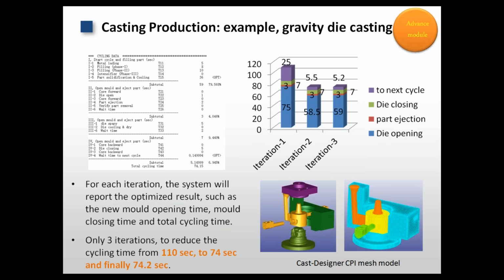Okay, so this is another case. We just make 3 iterations. The cycle time at the first time is about 110 seconds, and after 3 iterations, we could finish the gravity die casting manufacturing in just 74 seconds, and you could get the result about optimized cooling channel parameters.